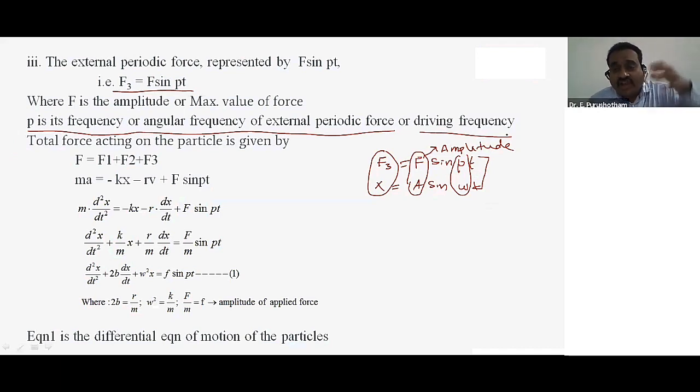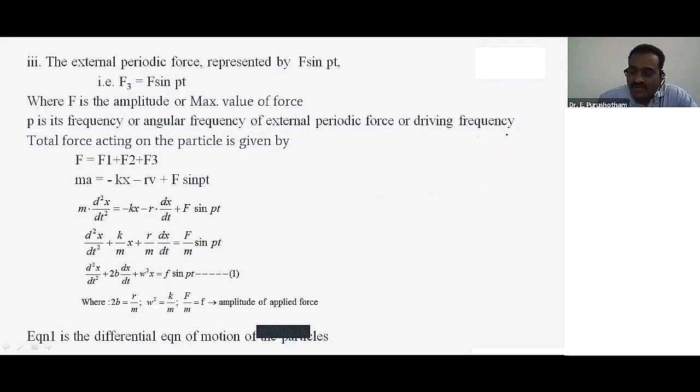The frequency is driving continuously, then the body is vibrating, so we can say driving frequency. Compare F3 is equal to F sin Pt. What is F? Amplitude, or maximum value of force. And small p is the angular frequency of the external periodic force, or driving frequency.